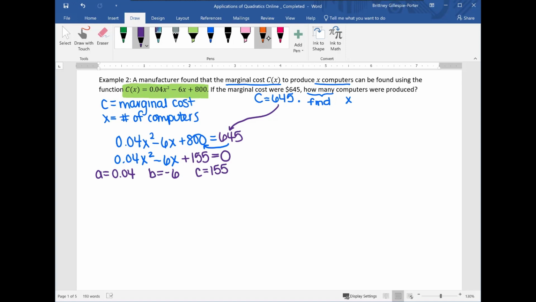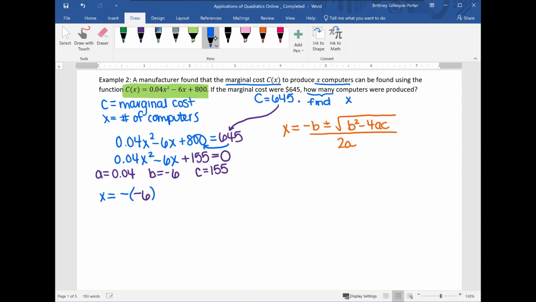And in case you don't remember the quadratic formula, we have negative b plus or minus the square root of b squared minus 4ac all over 2a. So we're going to be plugging these values into that formula. We get x is equal to the opposite of b, which is negative 6, plus or minus the square root of b squared.